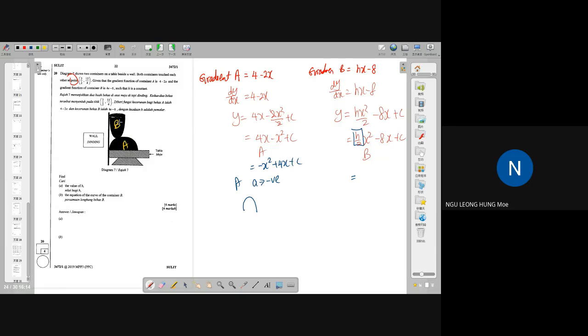That means you substitute this value into this one: 4 minus 2x equal to hx minus 8.